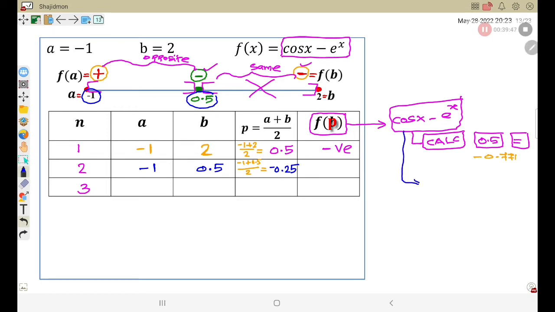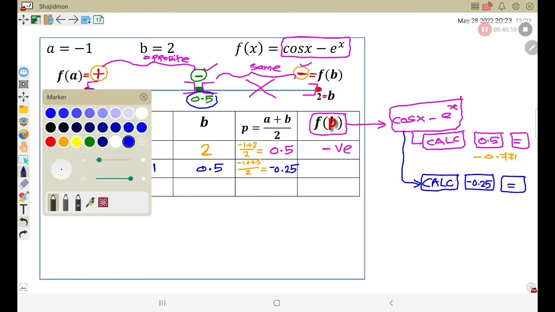Again press the calc button here. Already in your calculator this function is there. Calc, apply this number minus 0.25, press equal to. You will get a number approximately 0.190111, correct?